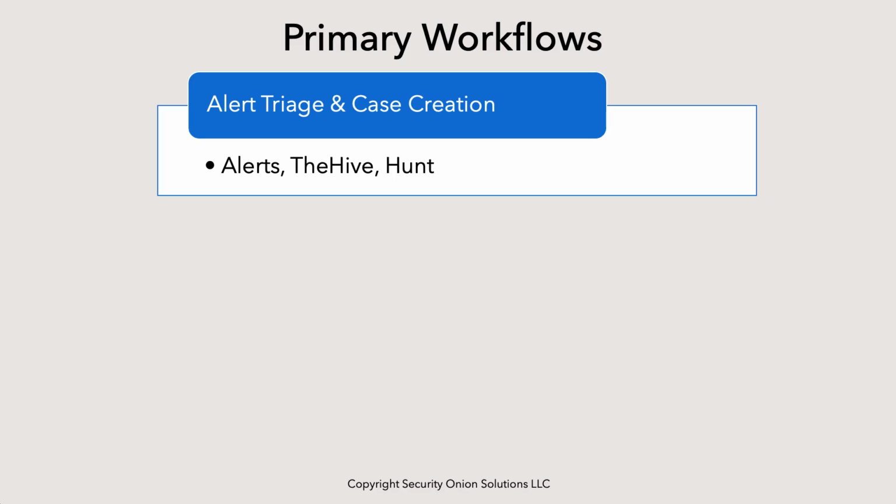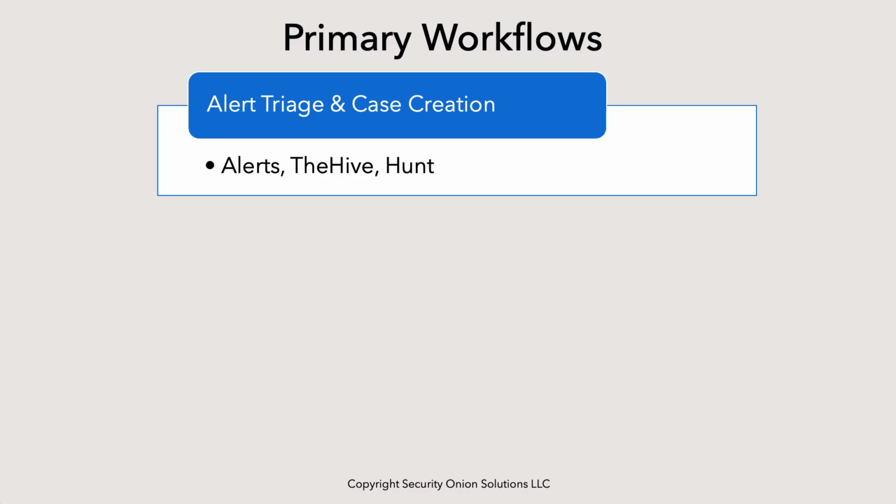You look at each alert or set of alerts, you get some context around them. You can do that with the Hunt or Kibana. And then you decide whether or not you need to escalate these. If you do, you can escalate them to the Hive and start a case that way. All right, so that's alert triage and case creation.